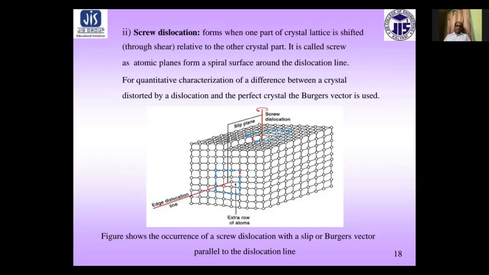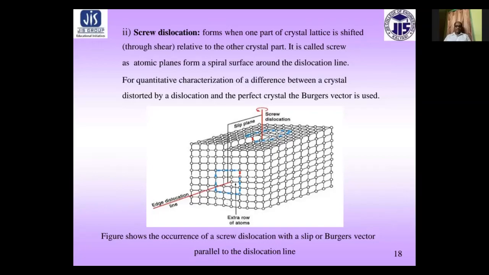The name screw dislocation is given because it transforms successive atomic planes into the surface of a helix around the dislocation line. The Burgers vector is parallel to the dislocation line. Such a dislocation has neither tensile nor compressive stress, but has a shear stress.